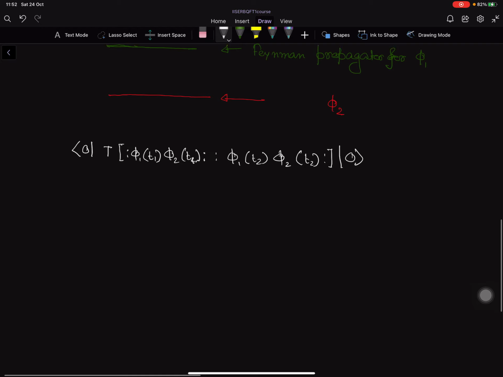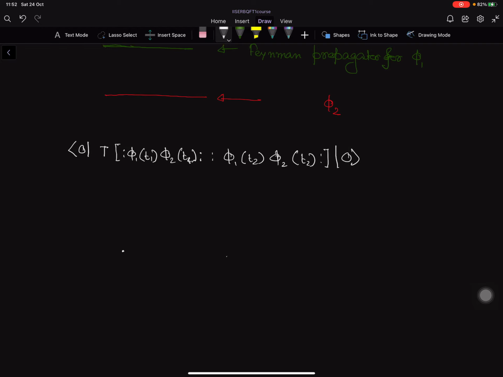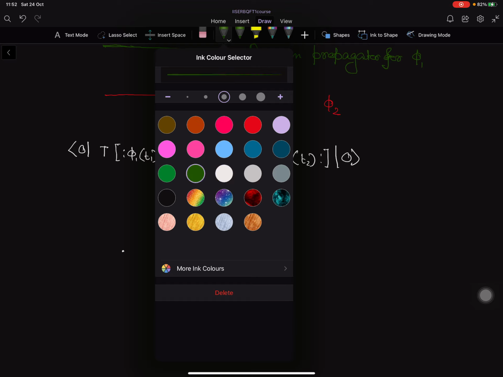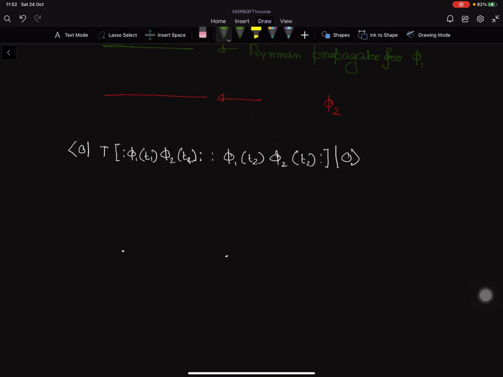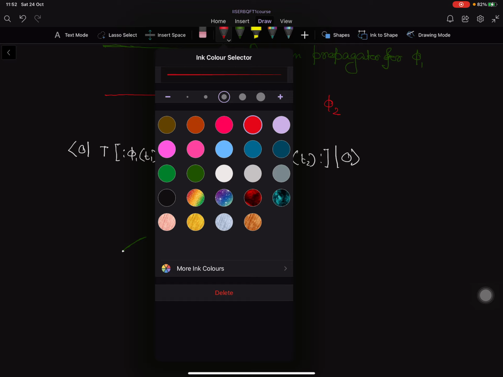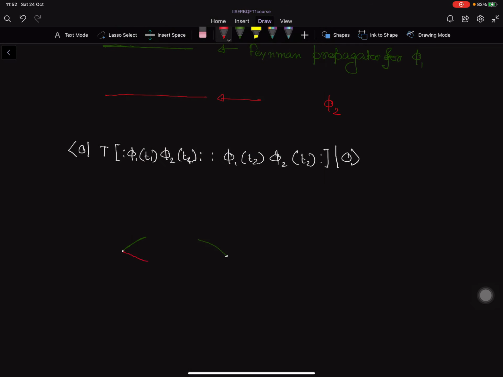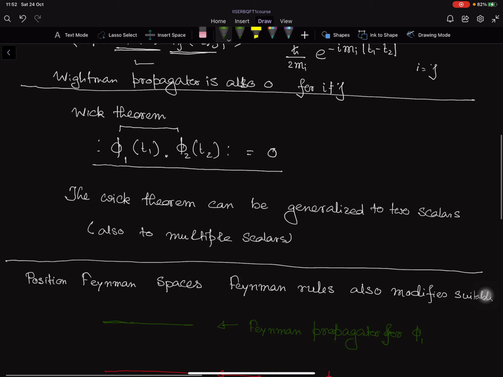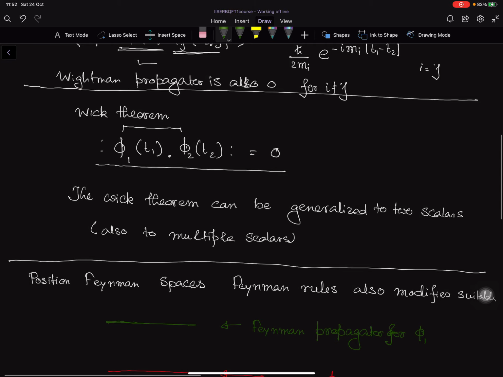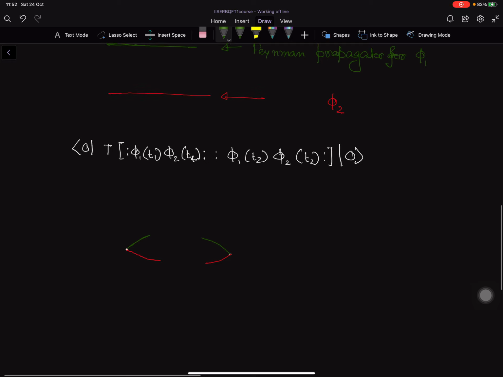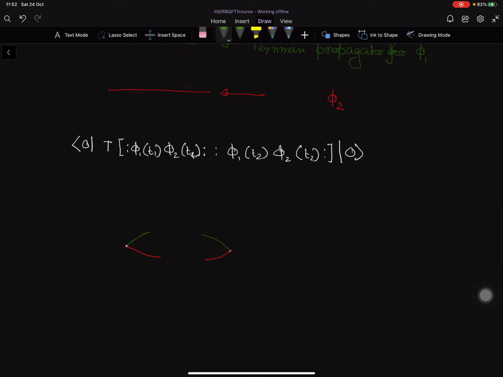Firstly there will be 2 points, because there are 2 time arguments. From every point, 2 propagators come, one green propagator because there is one phi 1, and one red propagator. The Wick contraction of phi 1 phi 2 is 0, which means that the red line can only contract with the red line and the green line only with the green line, so the Feynman diagram will have this form.